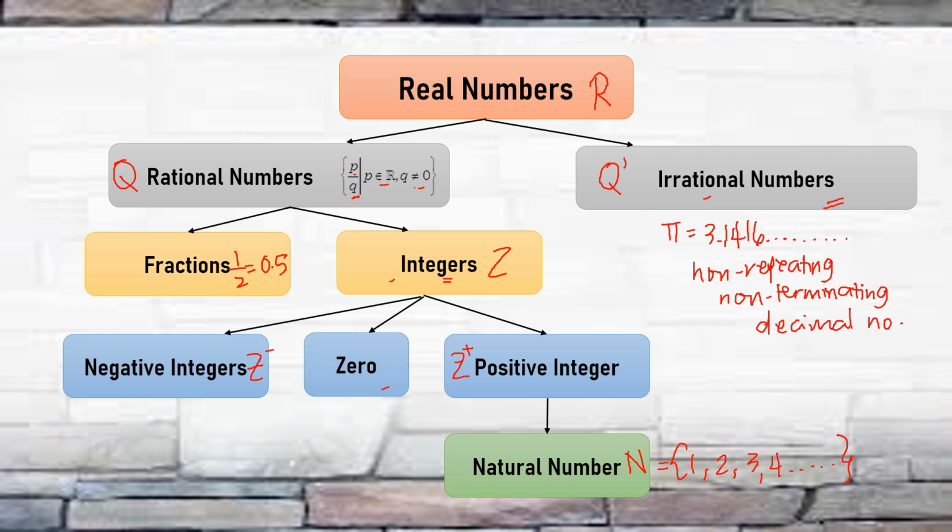Bakit nahiwalay yung 0? Ang 0 kasi, class, it's not a negative and it's not a positive integer. So, hindi siya belong sa negative integers, hindi rin siya belong sa positive integers. Parang in short, wala siyang sign. O yung sinasabi ng iba, kasi ma'am neutral yan. So, parang ganon.